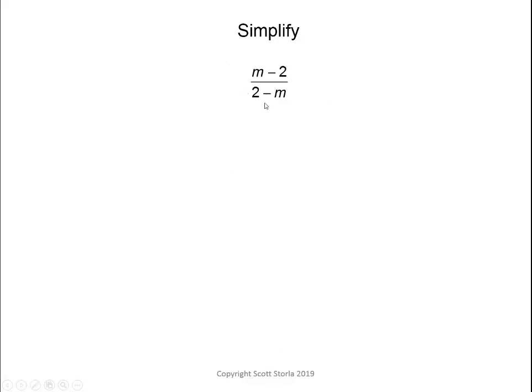Now, this is a very special case. I have m minus 2 in the numerator and 2 minus m in the denominator. In situations where you have subtraction and for each of your variables or numbers you have the same two but the order changes from left to right, in that one special case this can be reduced to a factor of -1.